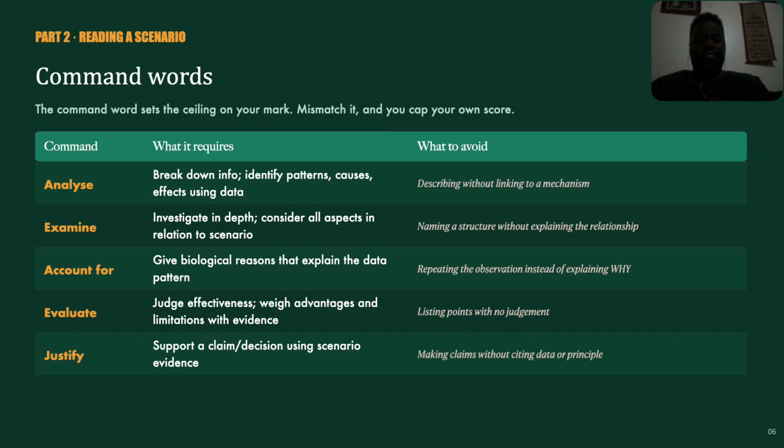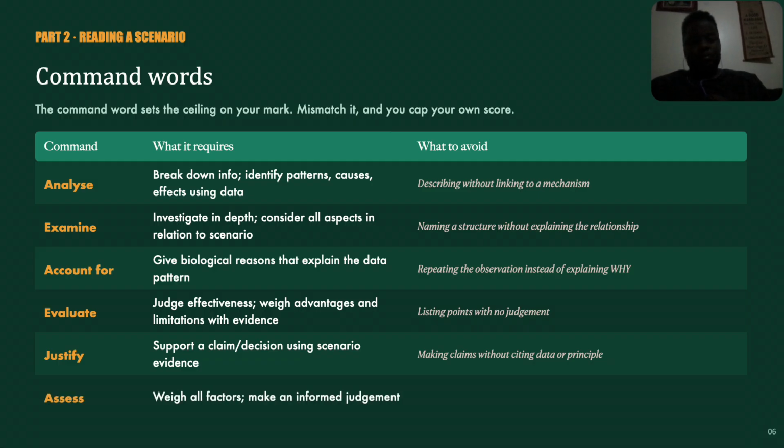Let's proceed. So, when we're talking about justification, avoid justifying claims without data or principle, or avoid justifying things that have no root with facts. And finally, we are going to talk about assessing. When they tell you to assess, this is also up there in the category of analysis.